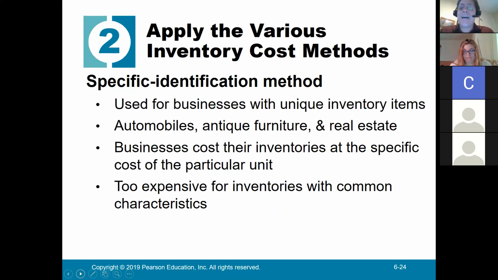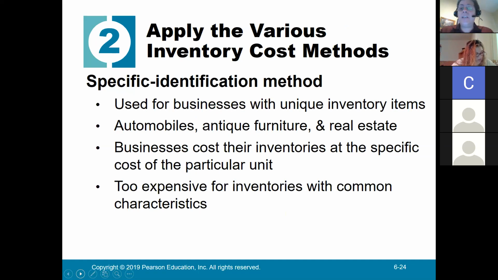So when I sell that very specific car, no matter what I did to it, I could paint it, change the look of it, it's still that same car. Then my cost of goods sold when I sell it is $5,000 plus whatever it cost me to paint it.